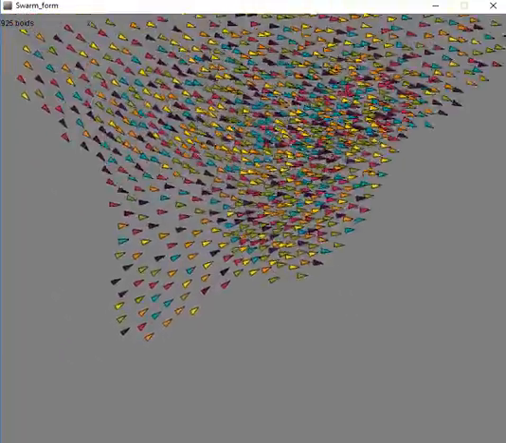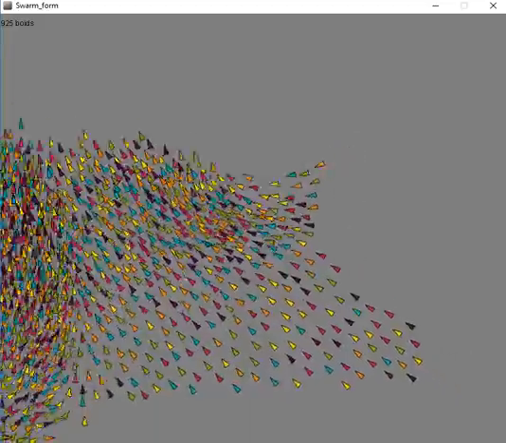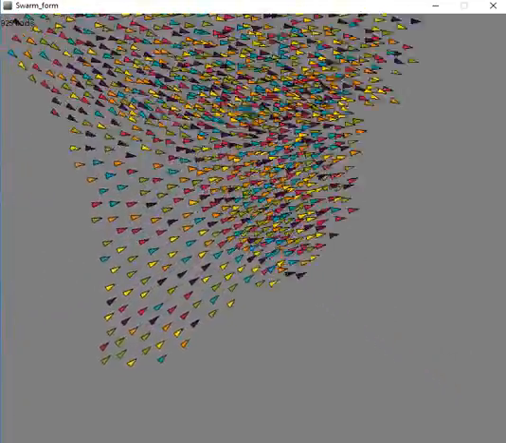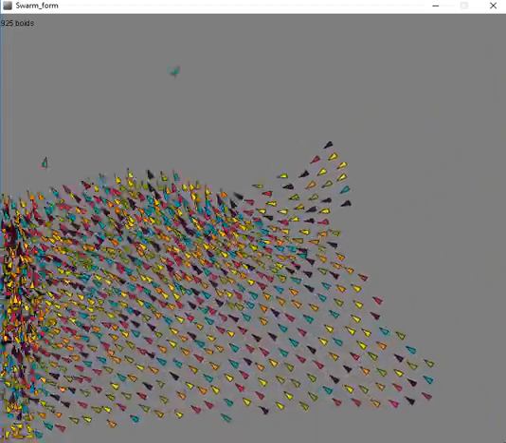We've got less than 1,000 right now, and the rotation you'll notice is now clockwise.